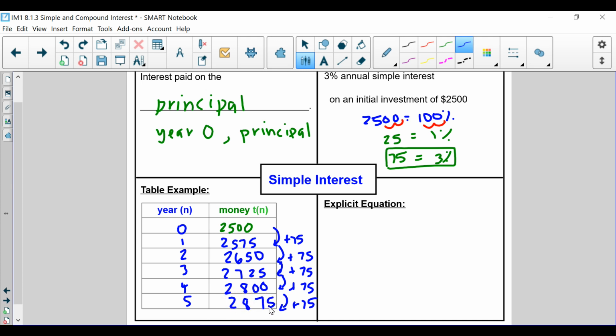So you can see, when you put your money in the bank and it has simple interest, you're earning $75 extra each time. What kind of equation is that going to be? I'm going to use T of n because that's what we have here. We have a sequence. We have values that go up by years. So we know our growth being 75 is how each time it's growing. And then we've got our n value, which is the number of years.